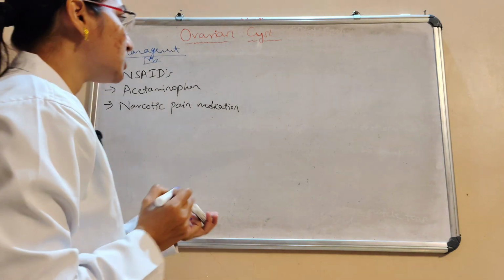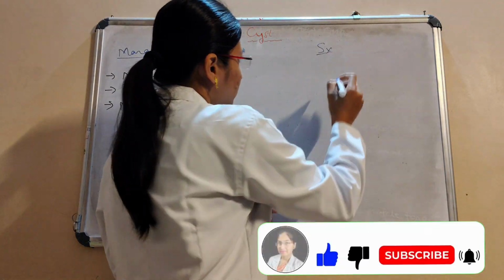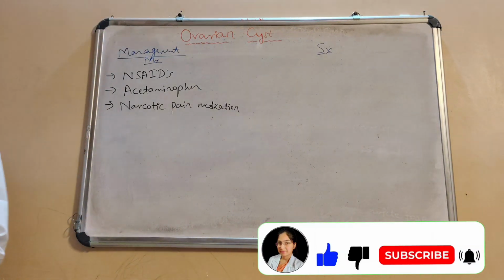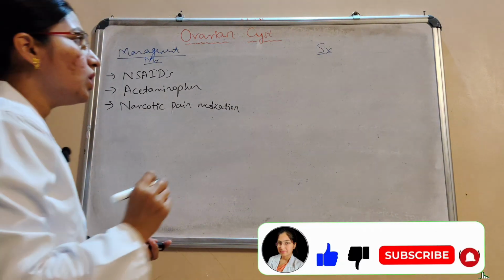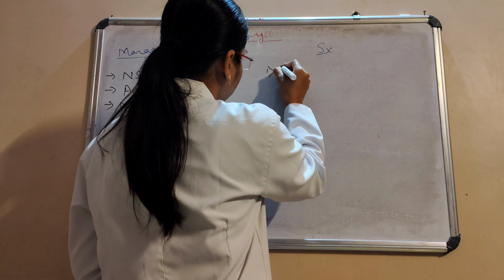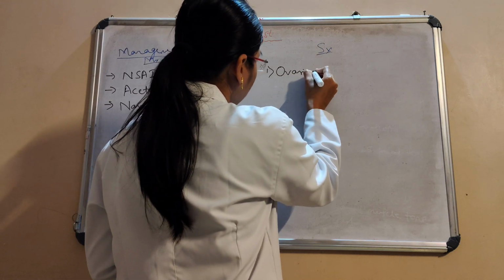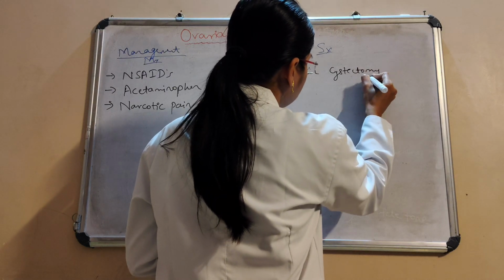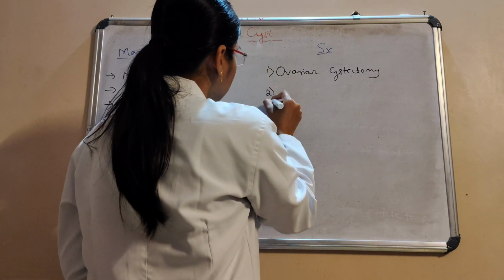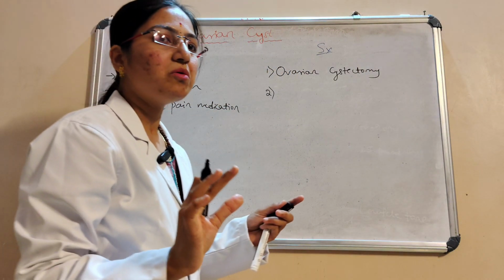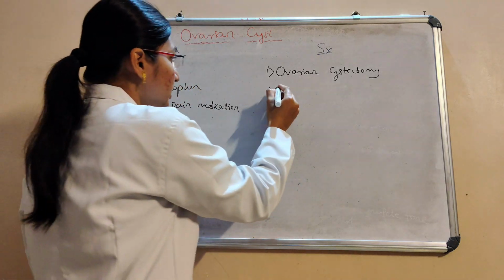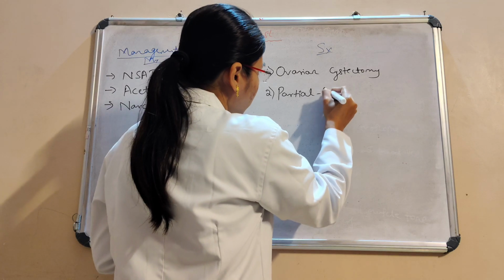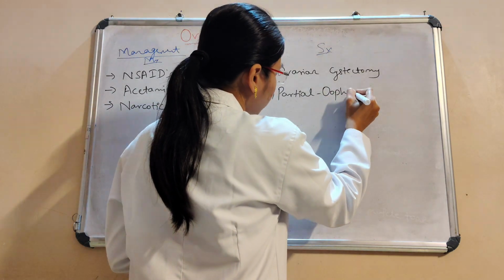Next we'll see the surgical management. Here, cystectomy, that is ovarian cystectomy. Ovarian cystectomy is nothing but surgical removal of a cyst but not the ovary. And then next we'll see the partial oophorectomy.